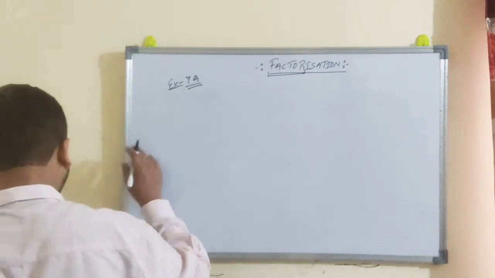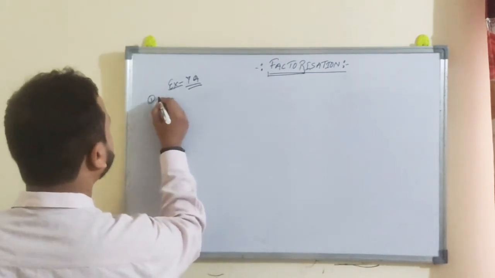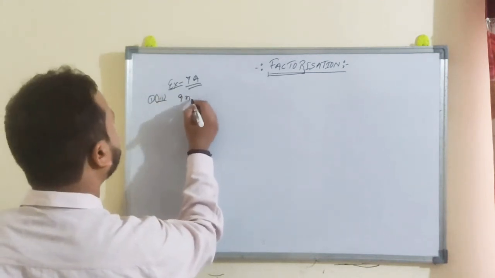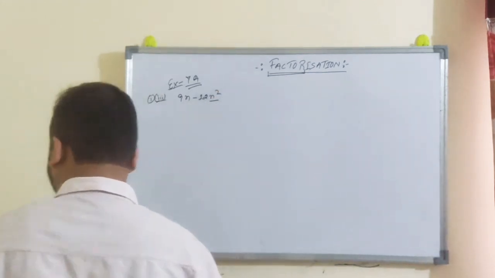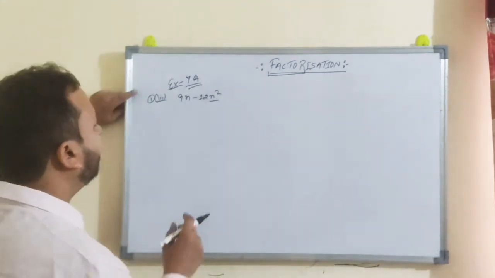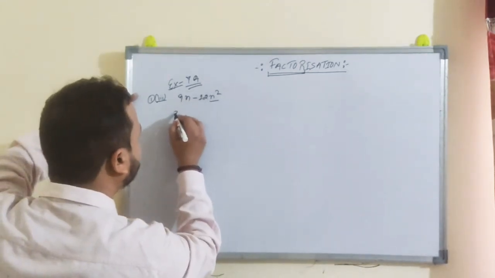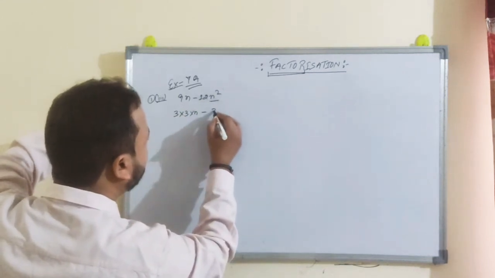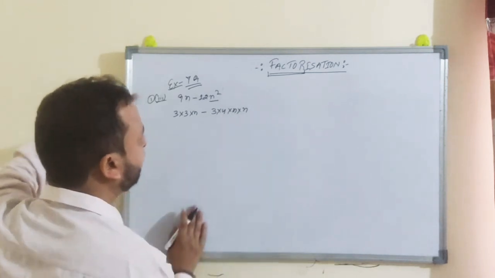Now first come to the first question, third part, that is 9n minus 12n square, right? In all the questions we have to factorize it. Here 9n you can write as 3 into 3 into n, and here 12n you can write as 3 into 4 into n, right?